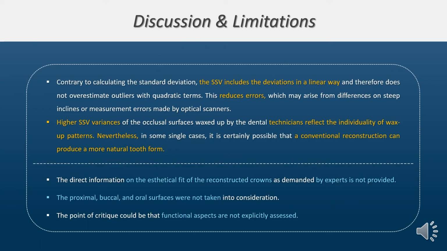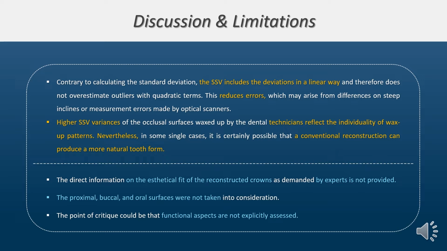In this study, unlike calculating the standard deviation, the SSV includes the deviations in a linear way, so it doesn't overestimate outliers with quadratic terms, as well as reducing errors which may arise from differences on steep inclines or measurement errors made by optical scanners.